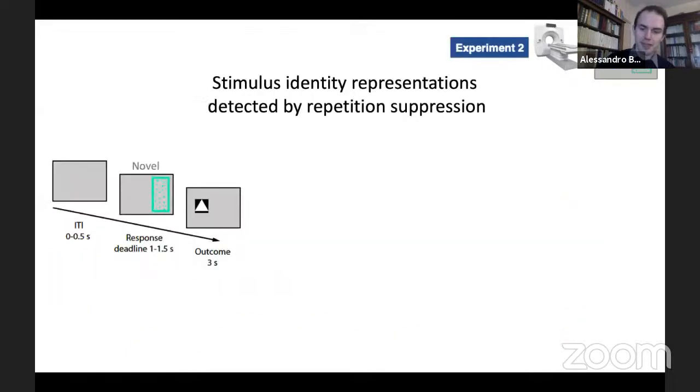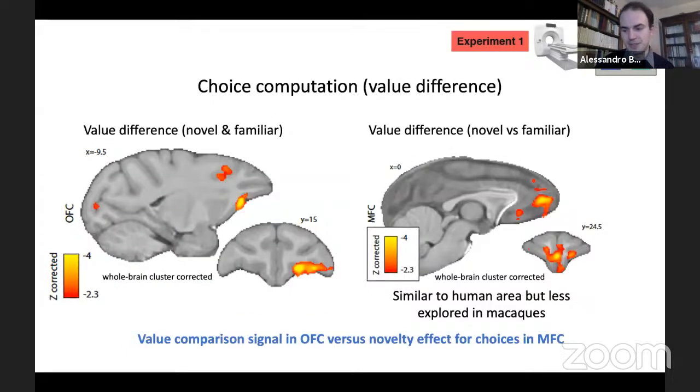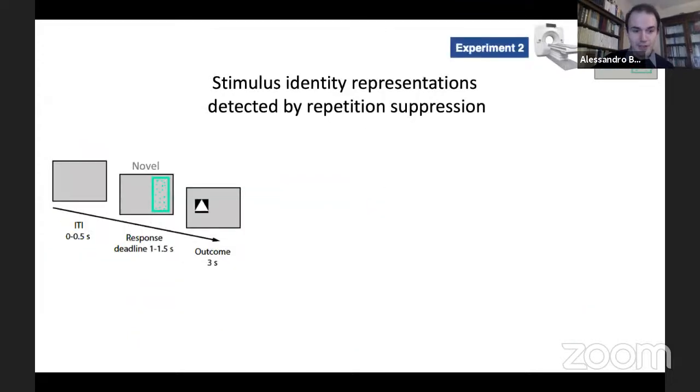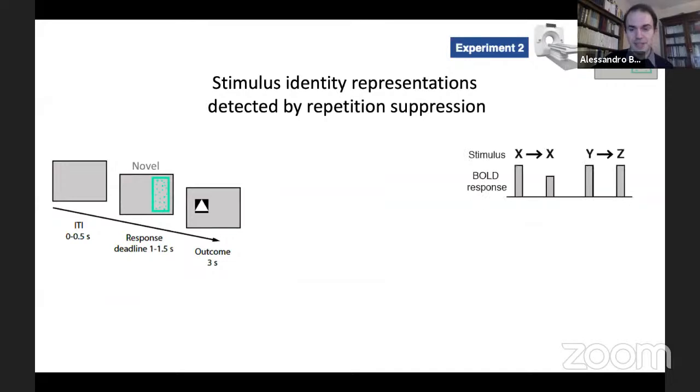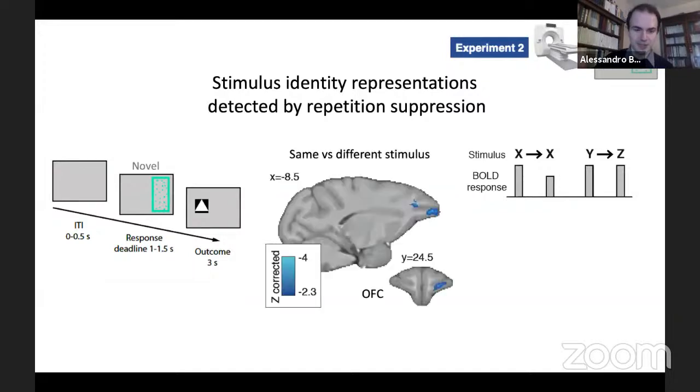Okay, so then we are asked, what are the neural representations that underlie these novel options? First, we use a repetition suppression design. I go quickly on that, but the design means that when you show the same thing twice, the brain will respond less the second time, so there is a suppression.